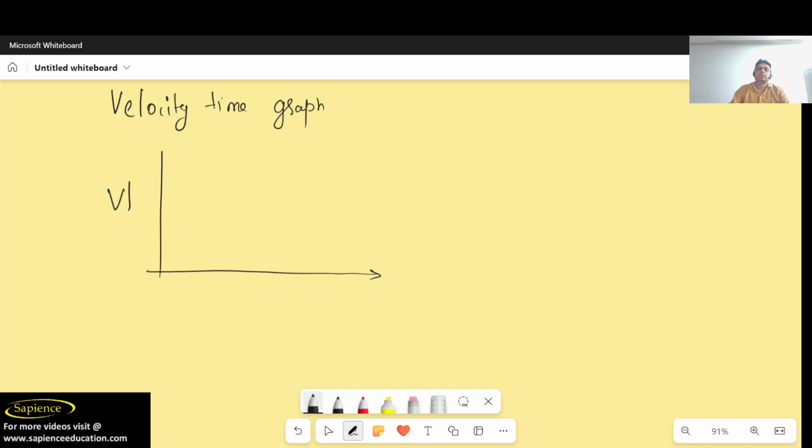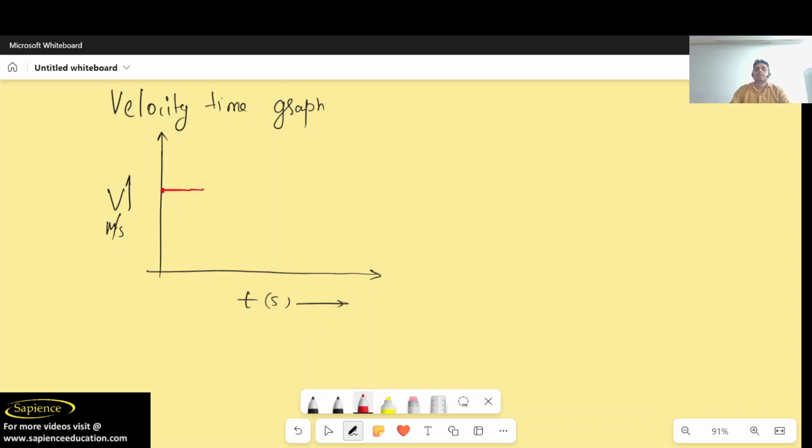This is your velocity, and its unit is meter per second, and this axis is time, which is in seconds.